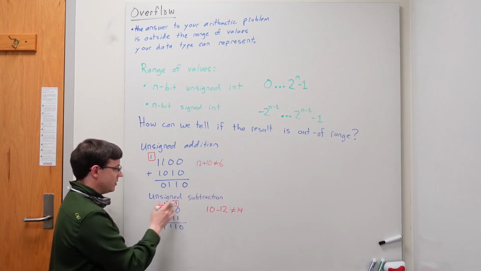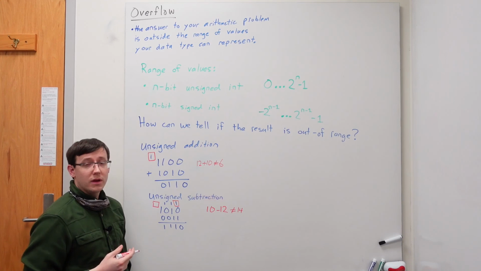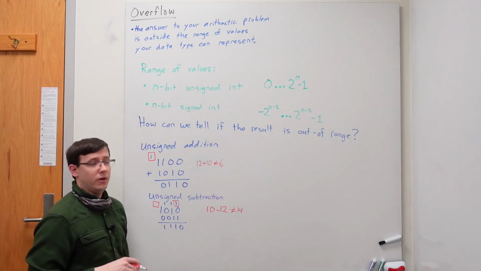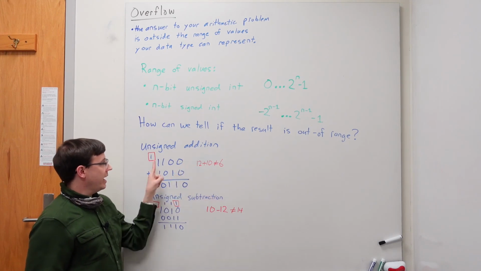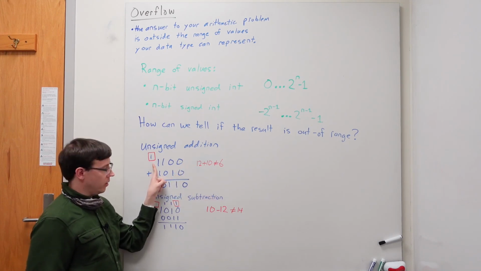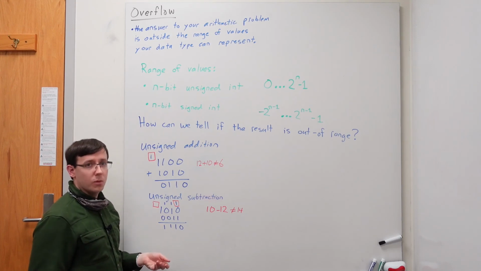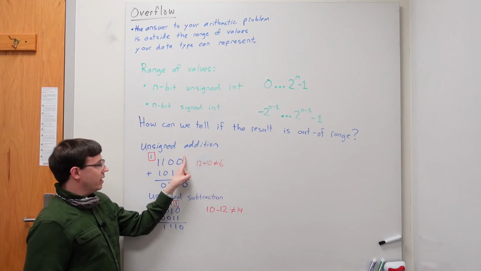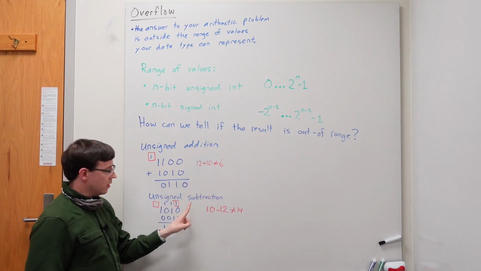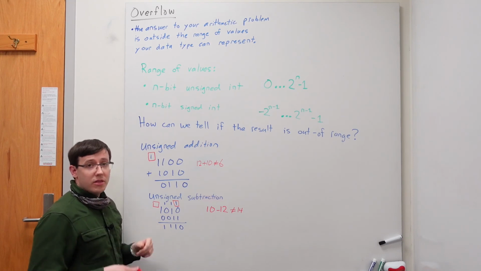And so for unsigned subtraction, the lack of a carry out is indicative of overflow. And so for unsigned arithmetic in general, doing addition and having a carry out means overflow. Doing subtraction and not having a carry out means overflow. And so if the carry in and the carry out are different in an unsigned arithmetic problem, then we know that there was overflow.